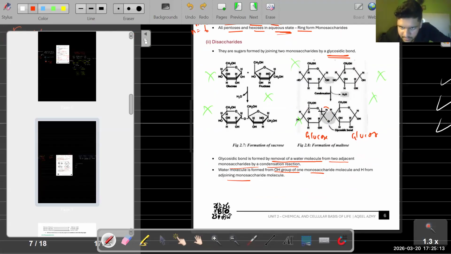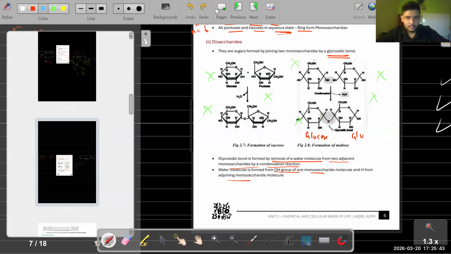Now see this OH from one glucose, and this H from the other glucose will be combining and they will be released as H2O. Can you agree with that?